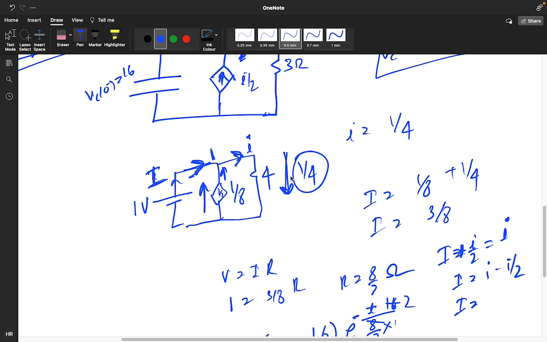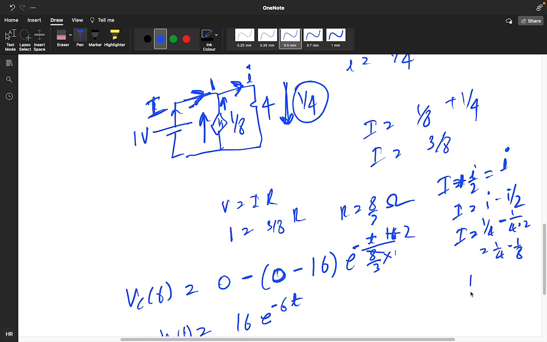So the I current we got is 1 divided by 4, 1 by 4 minus this will be 1 by 4 into 2. So 1 by 4 minus 1 by 8. So what will the I current come to? 2 by 8. So it will come 1 by 8. So guys, it will be 1 by 8. So R will be 8 ohm resistor.